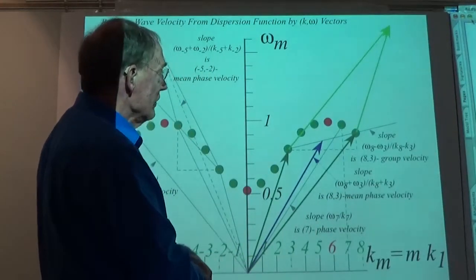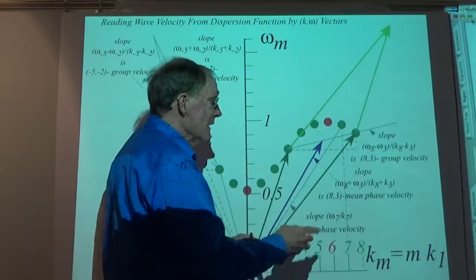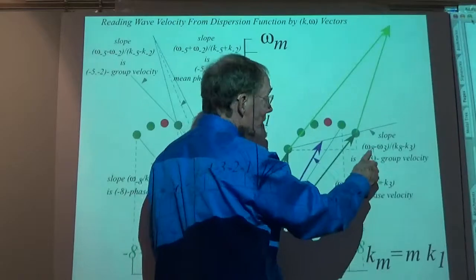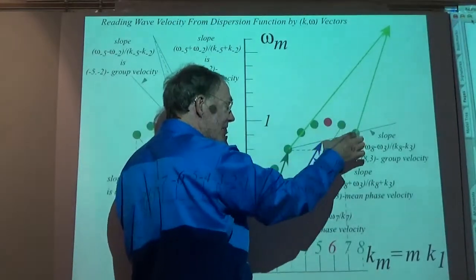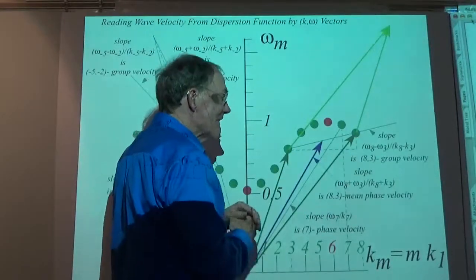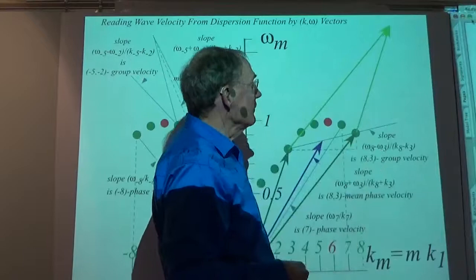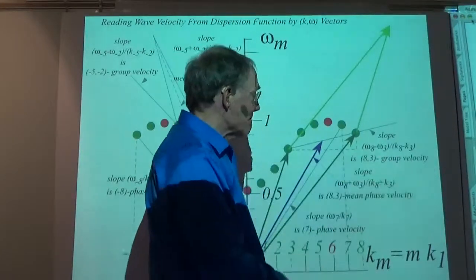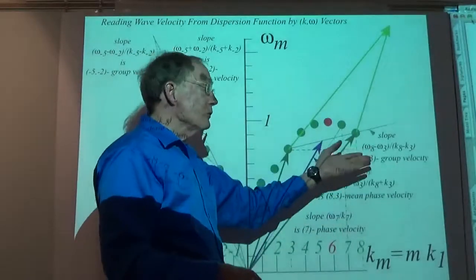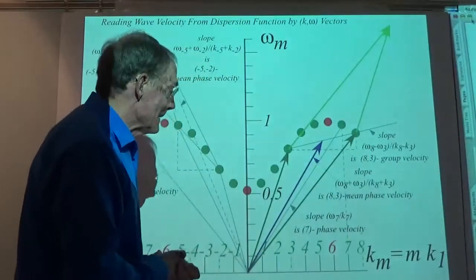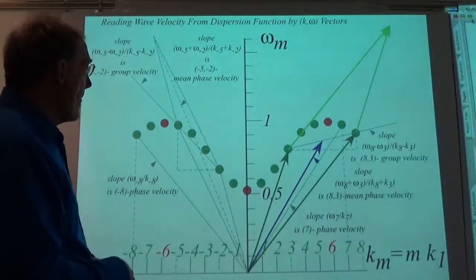And its slope, you see, will be determining something. Now, here is the group. The group vector is pointing this way. So omega 8 minus 3 over K 8 minus 3, that's the slope for group velocity. So phase velocity and group velocity, two things you're going to see when this thing runs.